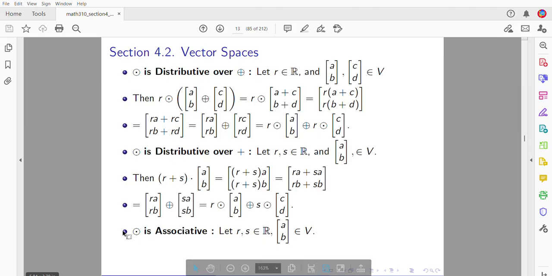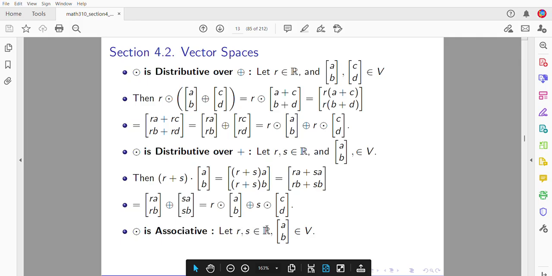Now, is ⊙ associative? That is, is scalar multiplication associative? So you see, if you have two vectors, we don't know how to multiply, we only know how to add two vectors in this set, because that's all given to you, ⊕. So multiplication associative means you need two reals, because that you know how to multiply.